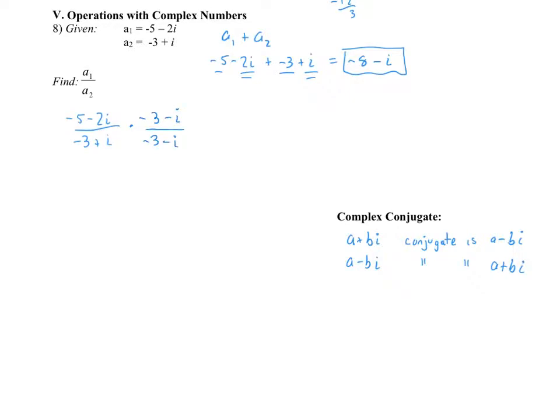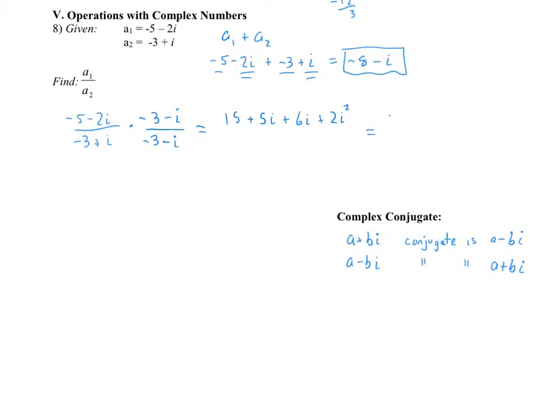Now the numerator we have to FOIL. So again, we can FOIL this just by using our properties of exponents and everything that we need. So I'm going to have 15 plus 5i plus 6i plus 2i squared. Okay, well, we're going to simplify this into a plus bi form. So we'll take that next step.